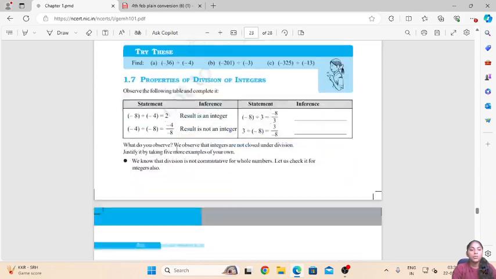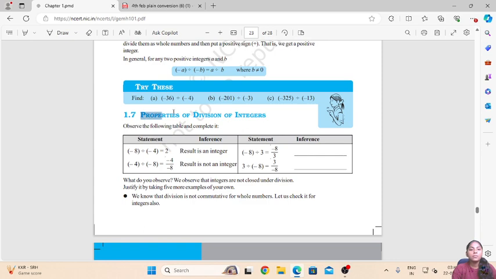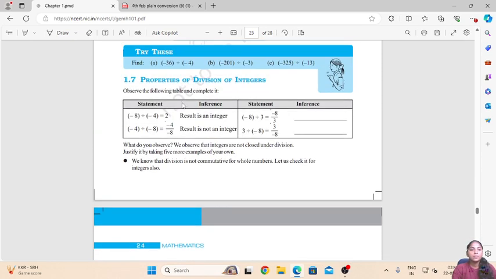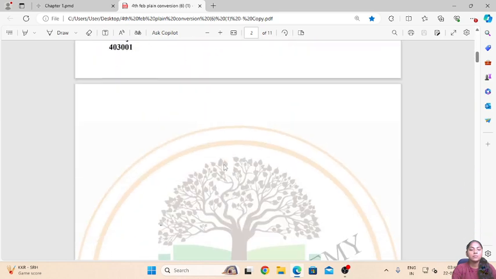So today we will learn about the properties of division of integers.